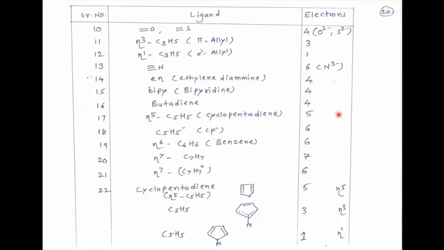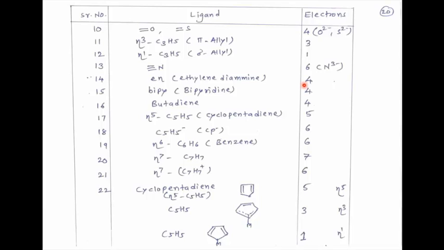Next one, oxygen O2 minus and S2 minus donate 4 electrons. Then C3H5 pi allyl, eta 3, donates 3 electrons. Eta 1 donates 1 electron. Nitrogen in N3 minus form donates 6 electrons. Ethylenediamine, we know, is a bidentate ligand.